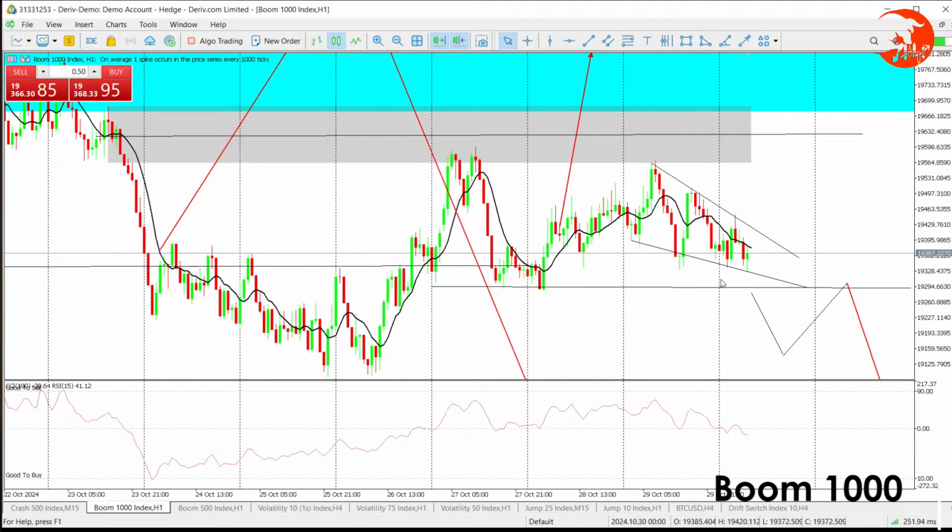So that's what I have according to H1, and clearly this is a falling wedge.